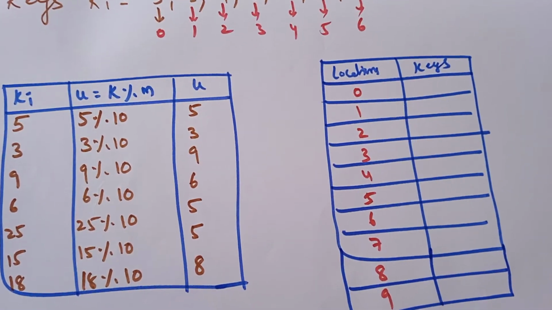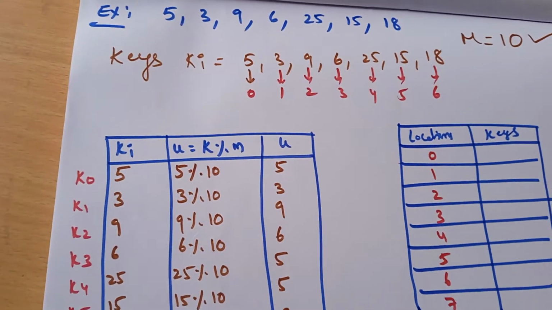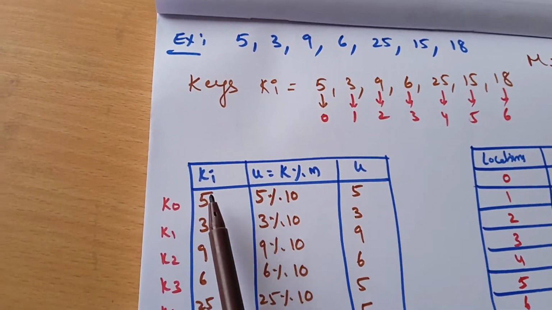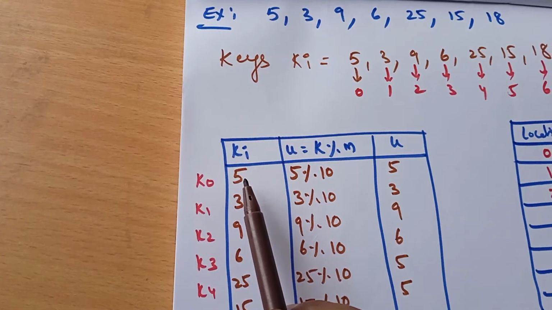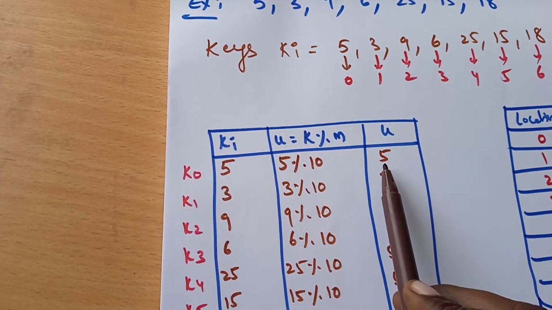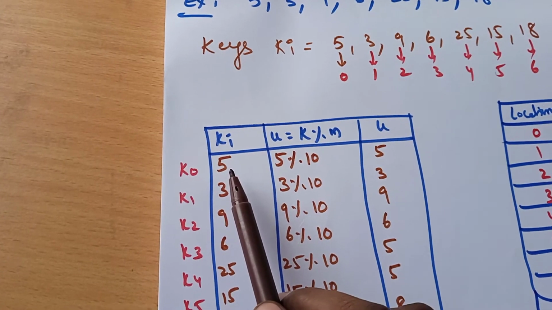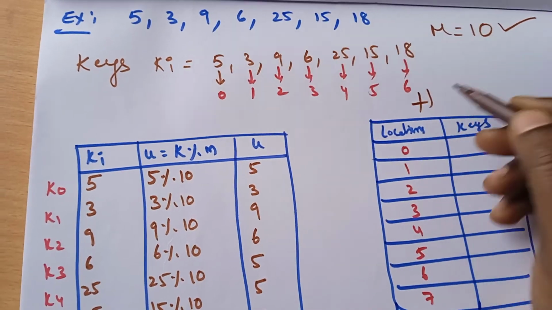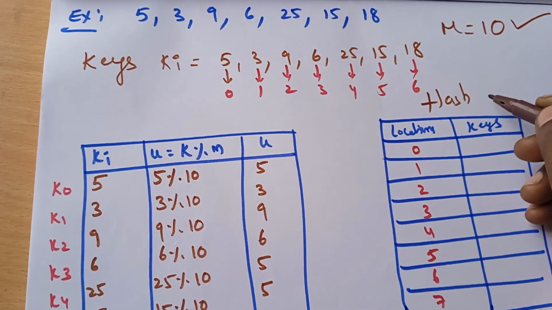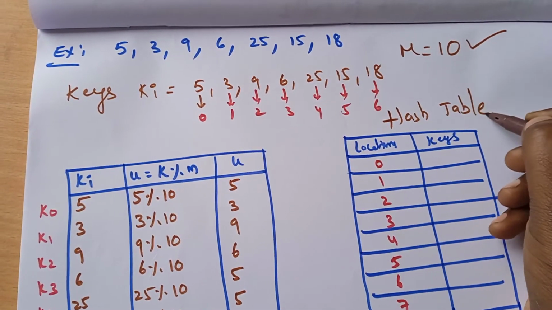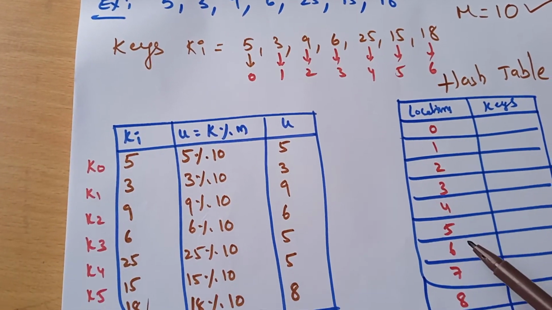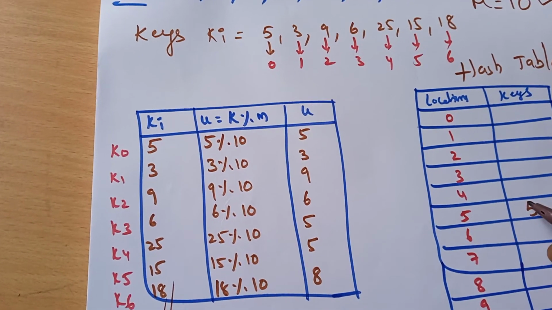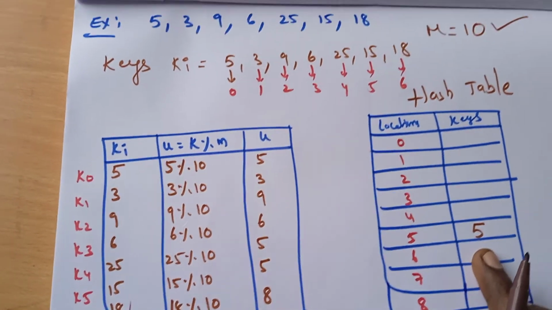These are my locations. Now in these locations we have to place these keys. Okay. So 5 is my key which should be available in the 5th location. Now this is my hash table. Right. Now where is the 5th location? Here it is. Which element has to be available? 5 has to be available, I mean, 5 is a key.